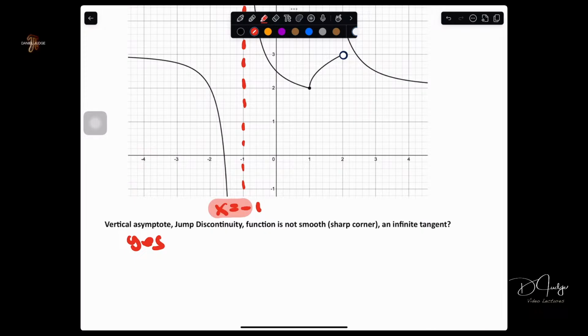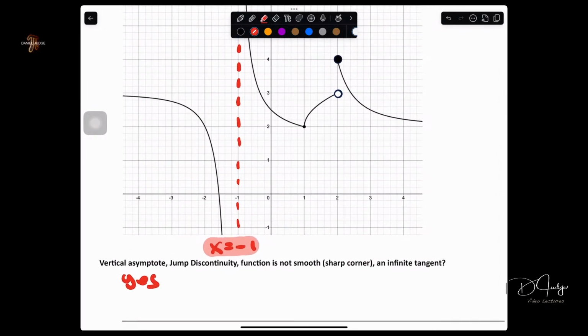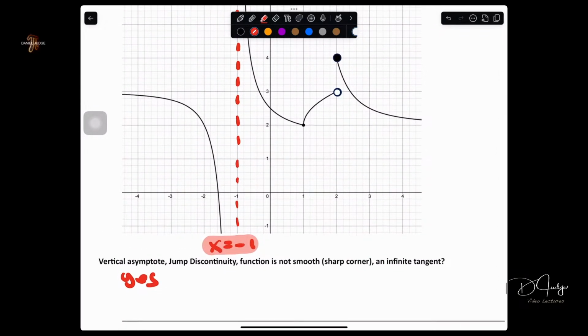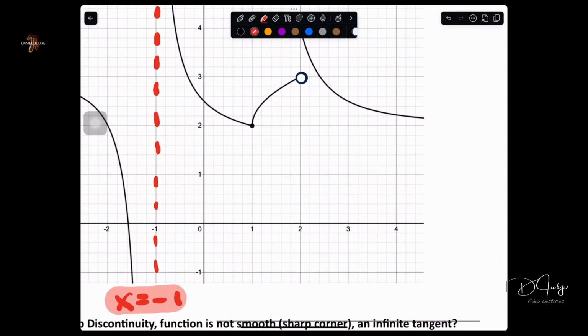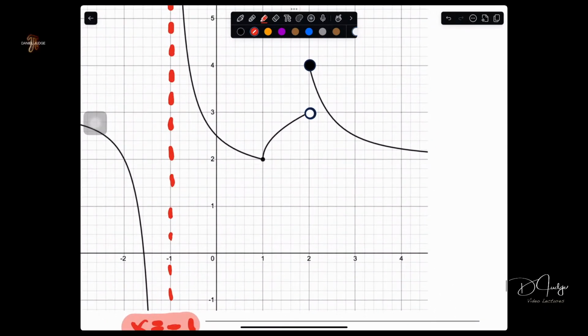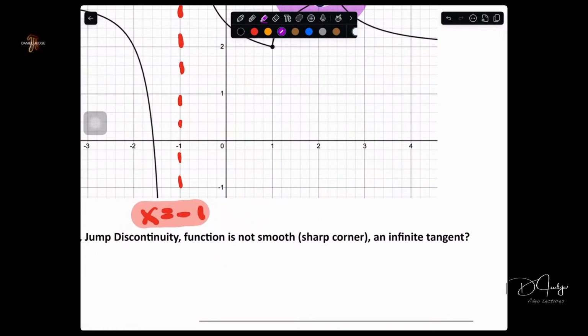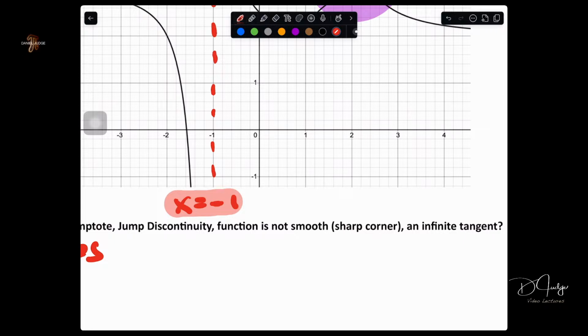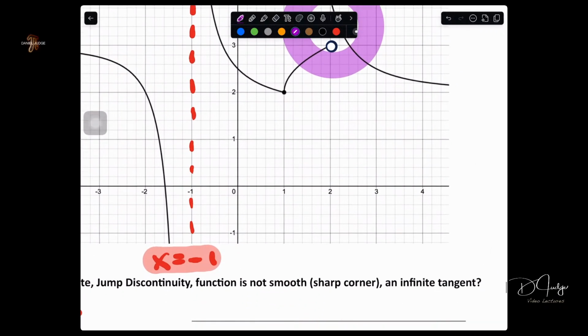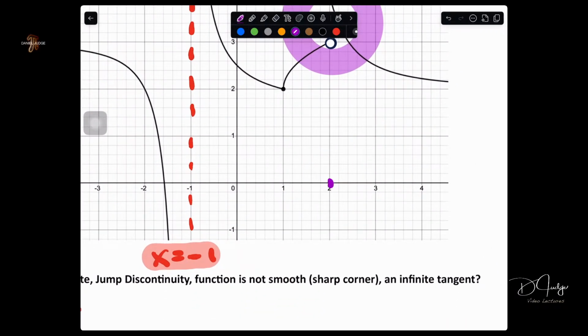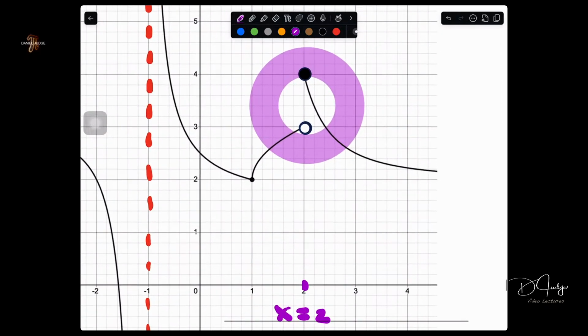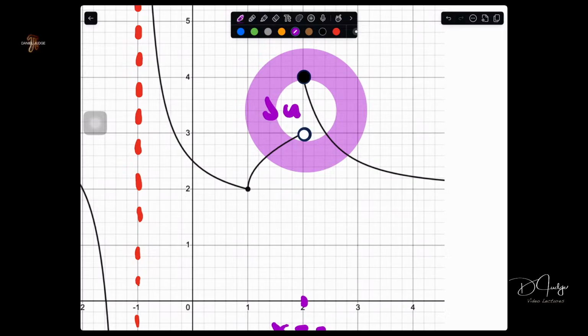Okay. Does it have a jump discontinuity? It sure does. Right in here, let me get this out. This is the jump discontinuity. Okay, so this is a yes. So if I change my colors, that happens at x is 2 over here. Right? X is 2. You have a jump discontinuity.